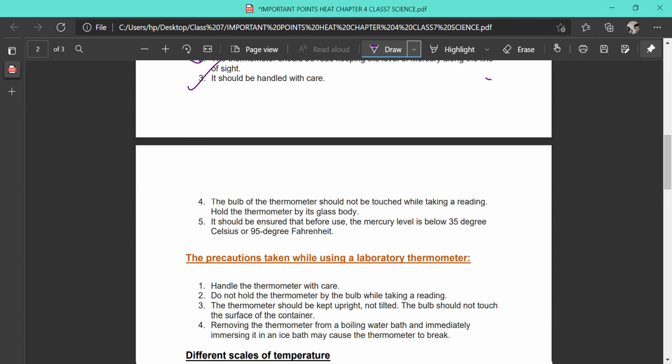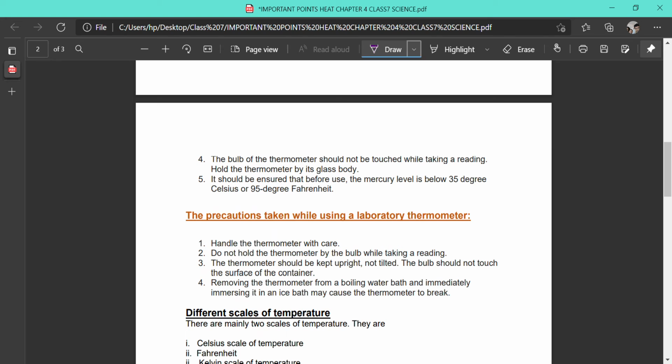Next, the fourth one, the bulb of the thermometer should not be touched while reading. Hold the thermometer by the glass body. Suppose you have just put the thermometer in the armpit of the patient, and the mercury has risen to the appropriate temperature, your body temperature, and then you take the thermometer out and hold it on the bulb side.